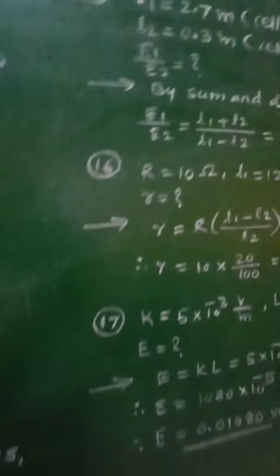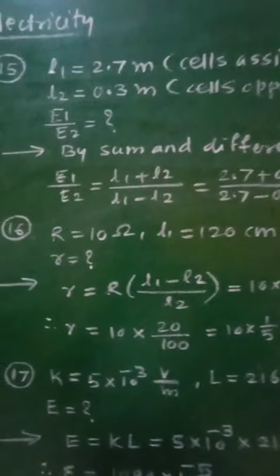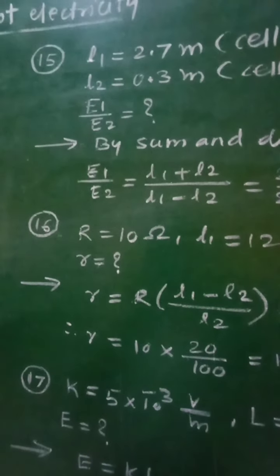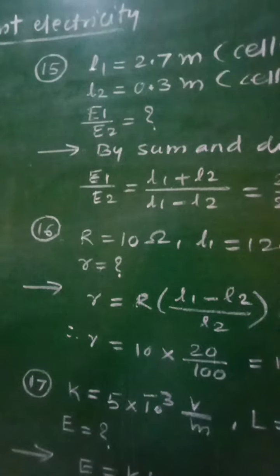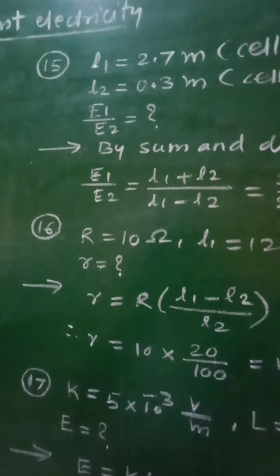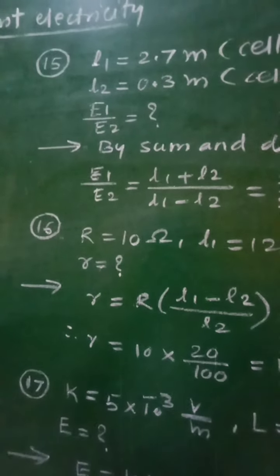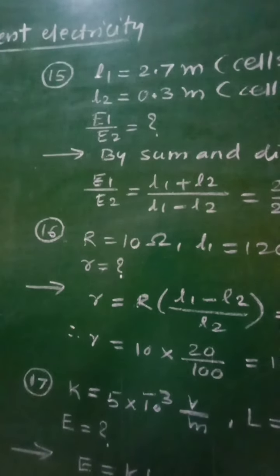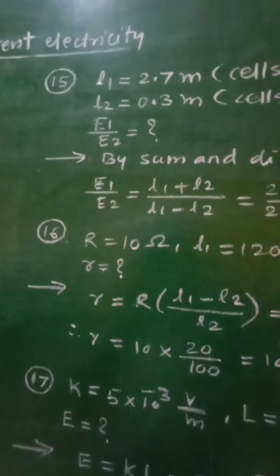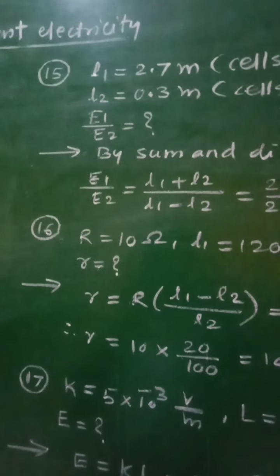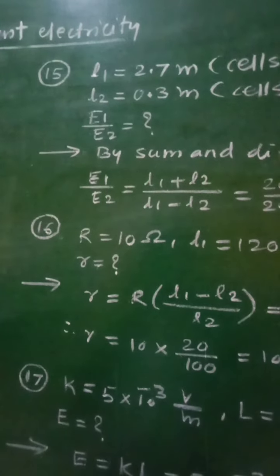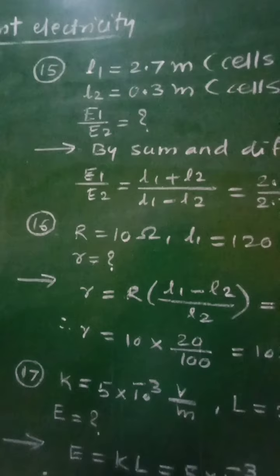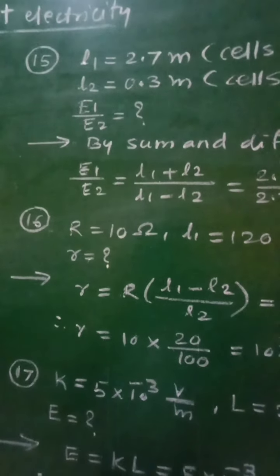Then we'll go for the next numerical, numerical number 15, which is given as: when two cells of EMFs E1 and E2 are connected in series so as to assist each other, their balancing length on the potentiometer wire is found to be 2.7 meter. When the cells are connected in series so as to oppose each other, the balancing length is found to be 0.3 meter.